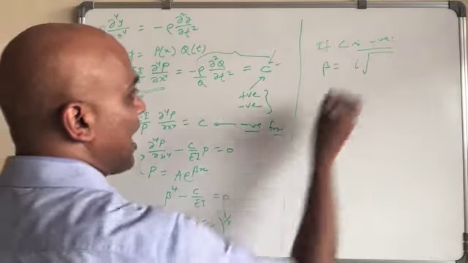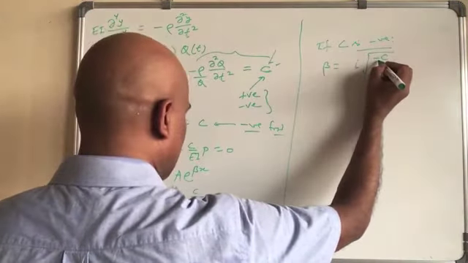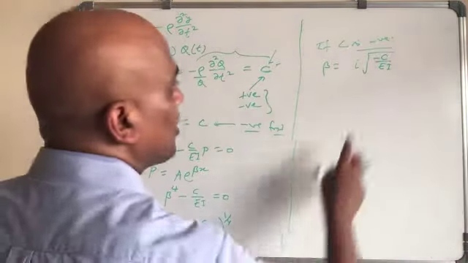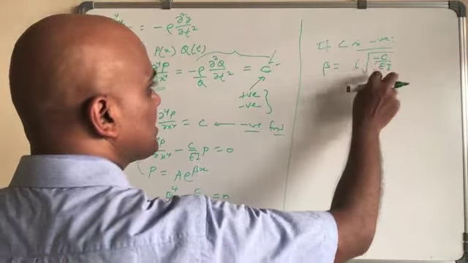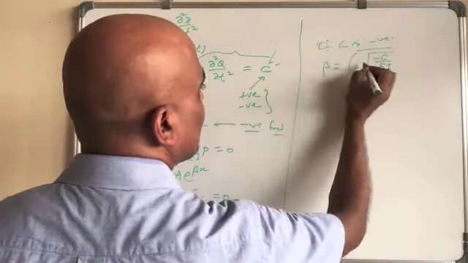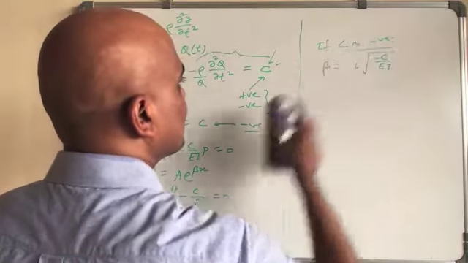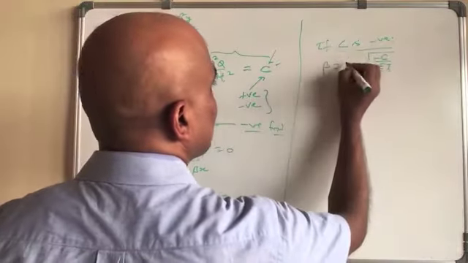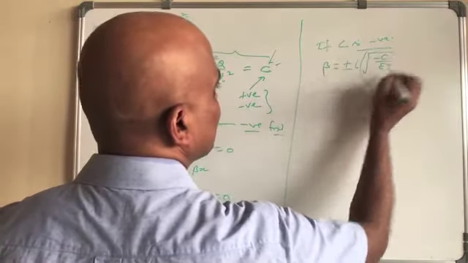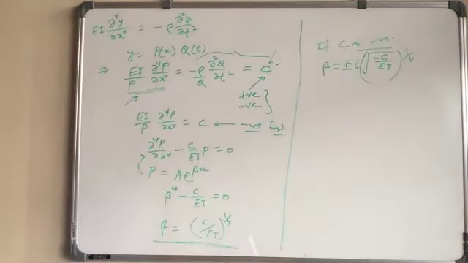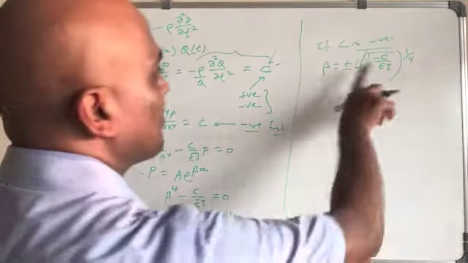So what we get? We get I times minus C over EI. Again, there will be plus minus of that, so we get plus minus I, and then 1/4 of that also.